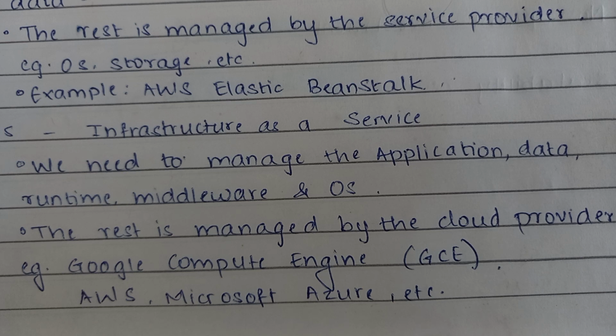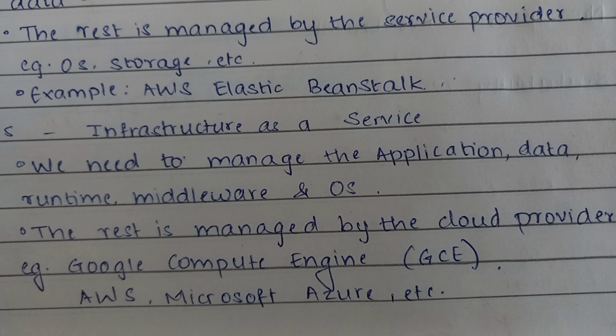This is generally used by network architects and others, where we get granular access into the operating system and can customize and manage anything according to our requirements. All of this can be done using the infrastructure as a service model. One common example is Google Cloud Compute Engine.